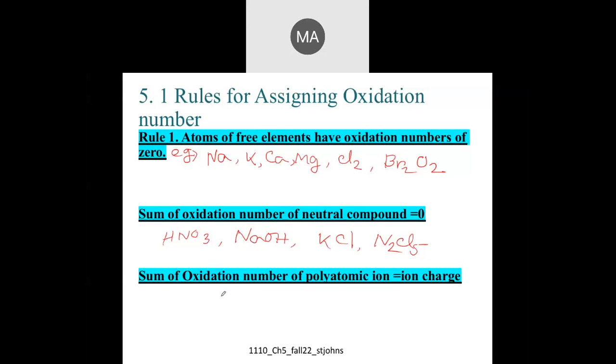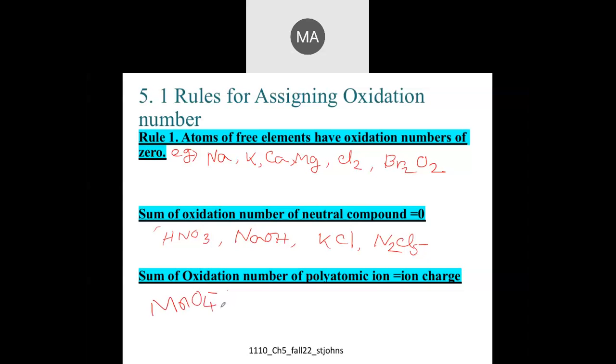The sum of oxidation numbers of a polyatomic ion is equal to the ion charge. How? Let's see here. Polyatomic ion, for example, MnO4, this is negative.